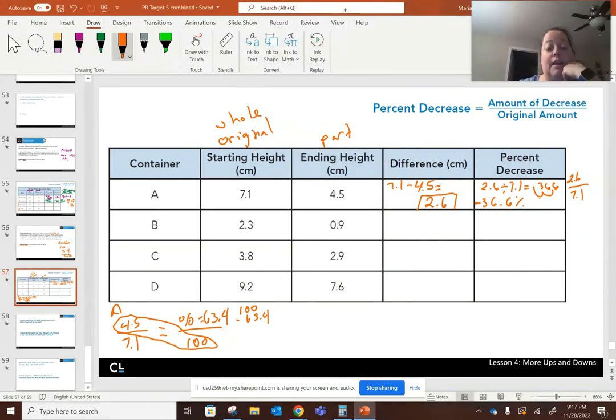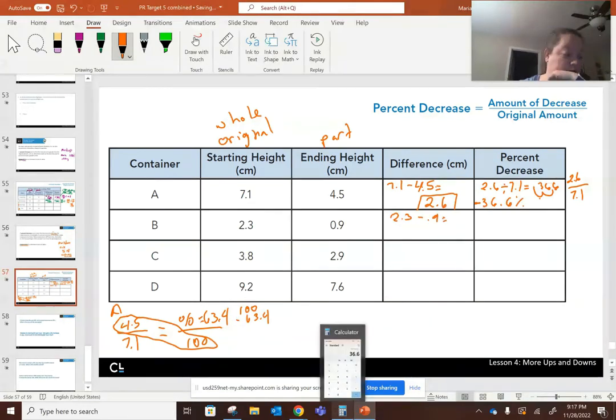So here, again, I could do this either way. So 0.9 and 2.3. So 2.3 minus 0.9 gives me 1.4.